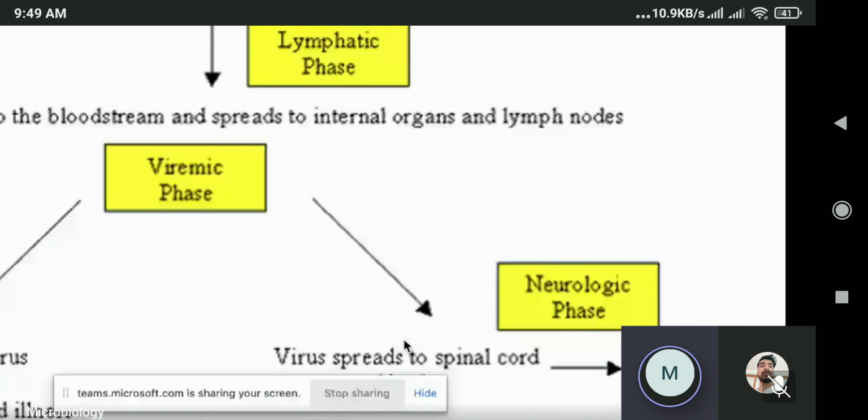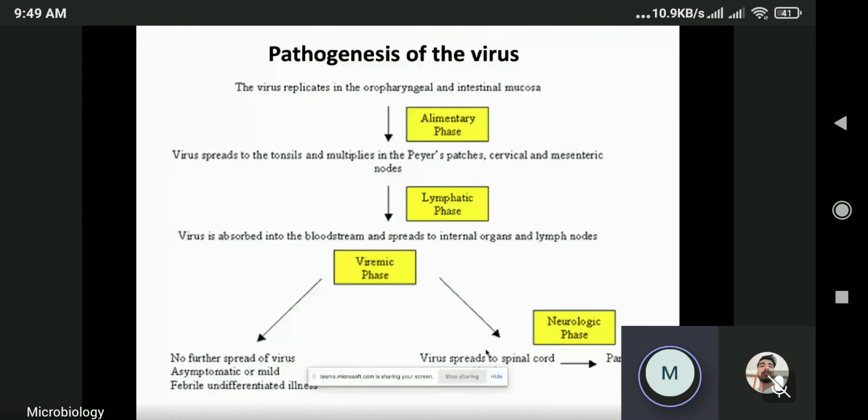Okay, that means they will ingest, they will multiply locally, and again they multiply in the local lymph nodes, the lymphatic phase, and then they enter the bloodstream. In more than 98% of cases the viremic phase does not spread further, the patient might have some asymptomatic features, and finally the patient recovers.